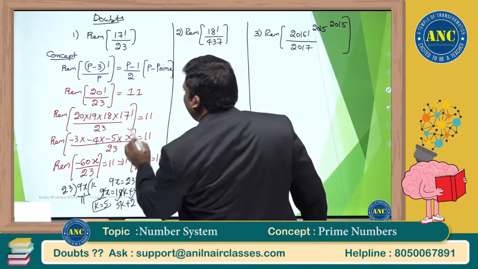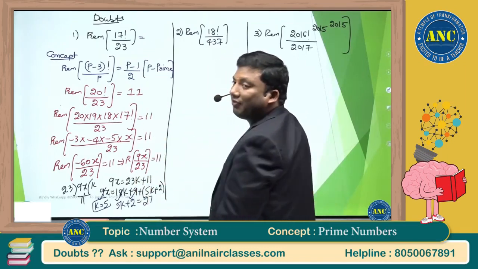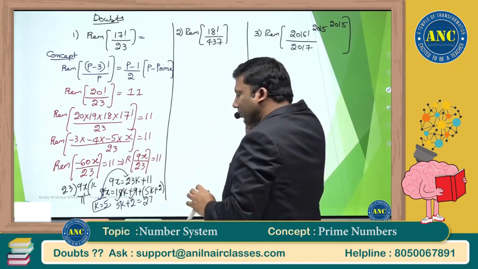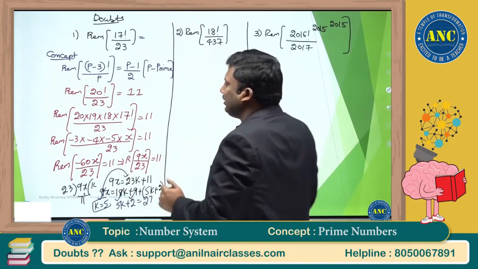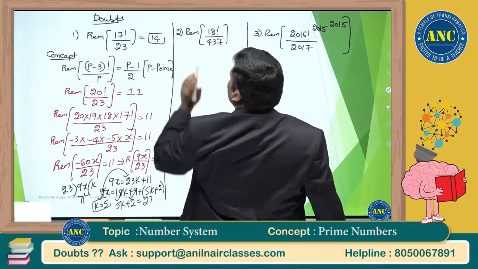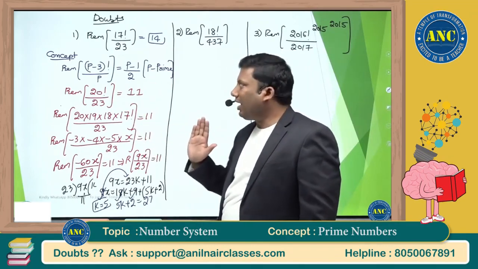If k is 5, the answer will be 23 into 5, 115, plus 11, 126. 126 by 9, answer is 14. Very, very easy if you know this backtracking approach.